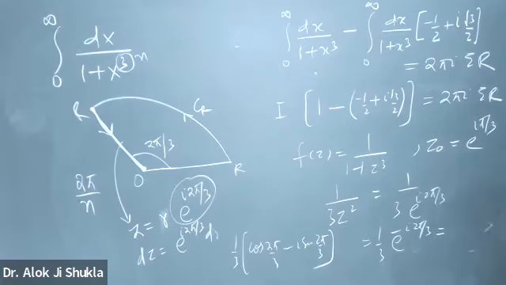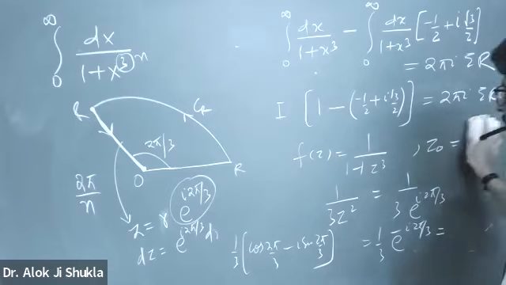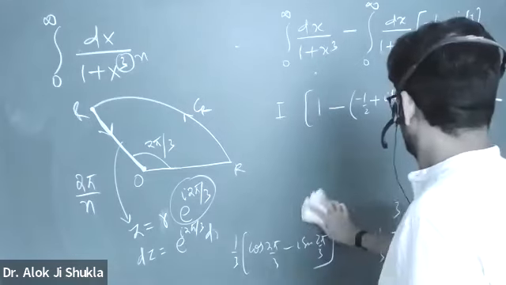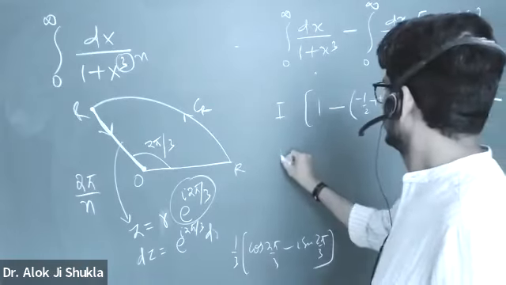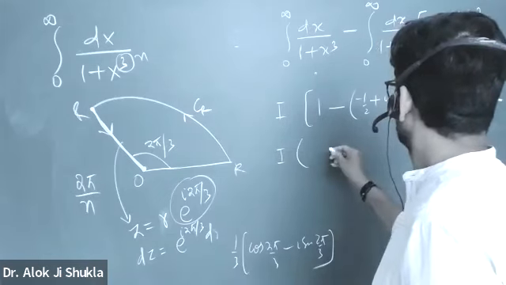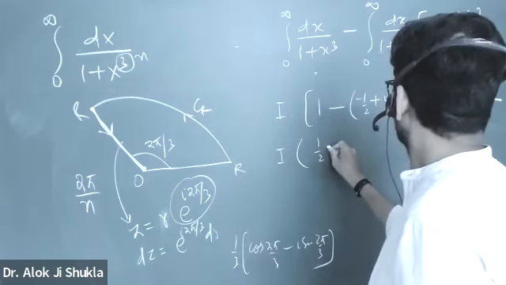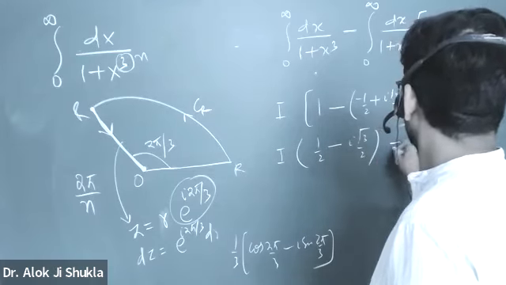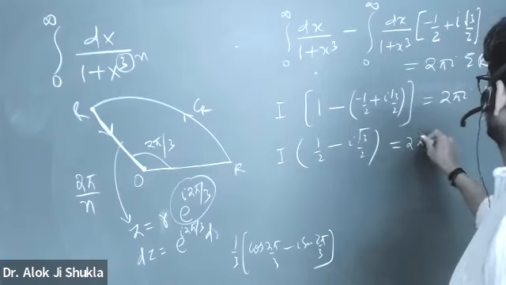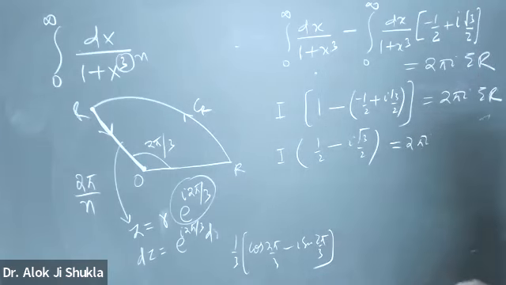Correct? So what is this value? 2 pi i by 3.